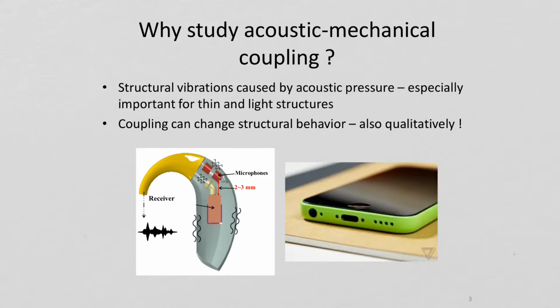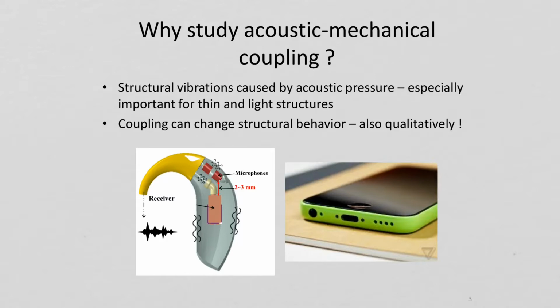So every time we have an acoustic signal, a pressure variation in air or in another fluid medium, in water for instance, if we have a structure embedded in this acoustic medium, the fluctuating air pressure or water pressure will actually act as a load on our structure and thereby generate vibrations. This effect in some cases might be very small and often neglected, but in other cases it's actually very important and will affect the behavior of the structure.